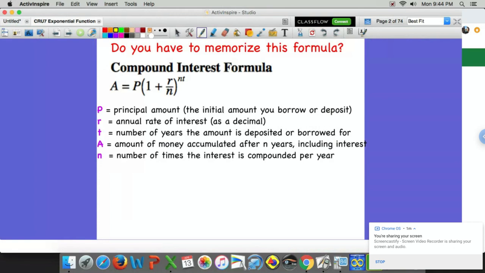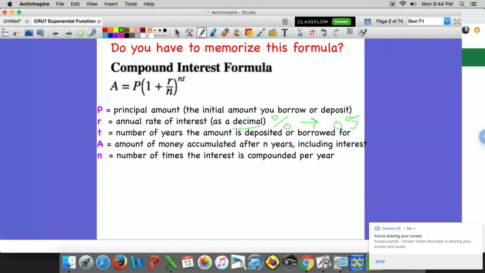Now, the R is almost always going to be given to you in the problem as a percentage, but we're going to have to transform that into a decimal, so 0.05 or something of that sort.